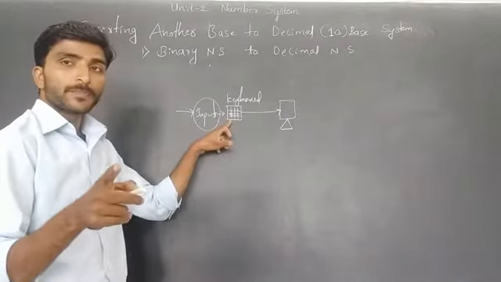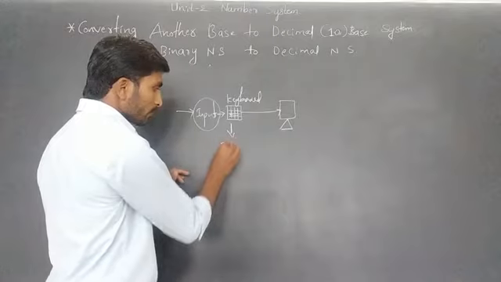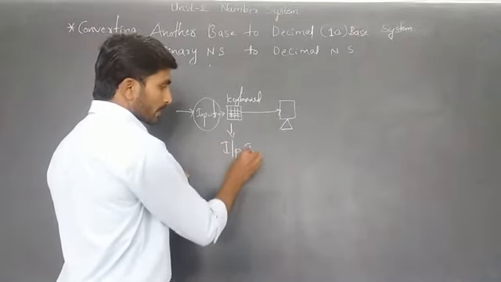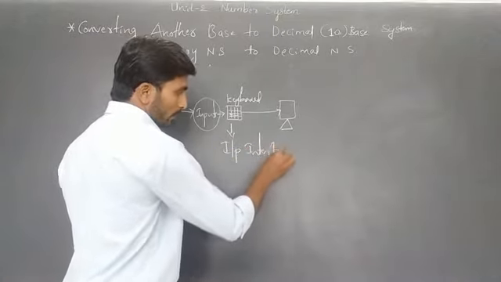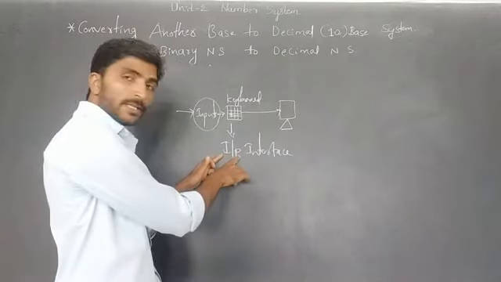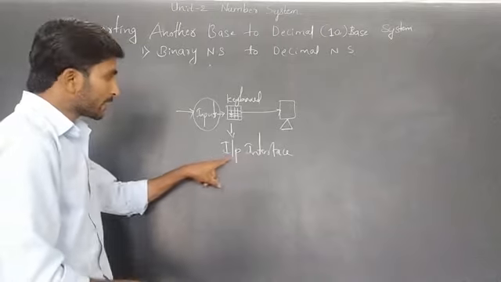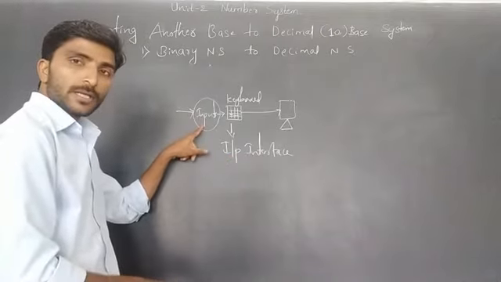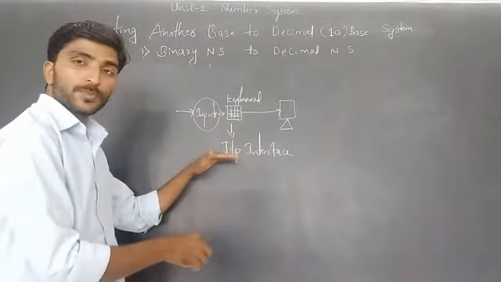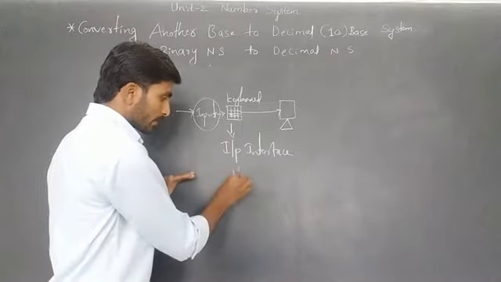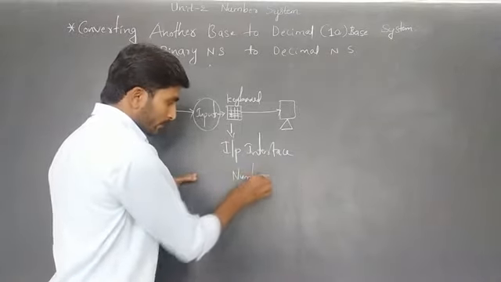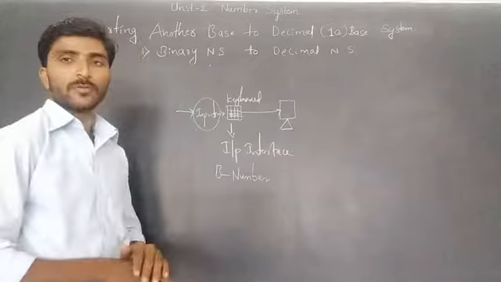That is done by the input interface. It takes the input from the user and converts those inputs to binary numbers, in the form of zeros and ones.